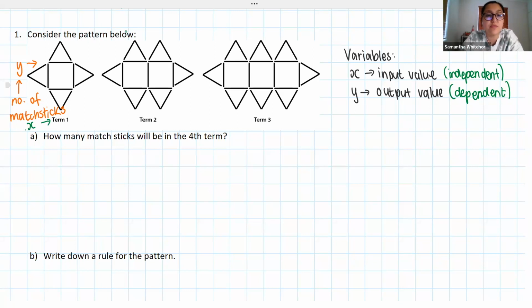We've got a whole bunch of matchsticks here, and some pictures. There is a question to start off with, but the first thing I want you to find for me, so I'm going to put a little star here, is how many matchsticks are in each picture that I've given you. We have to count how many matchsticks are in each picture.